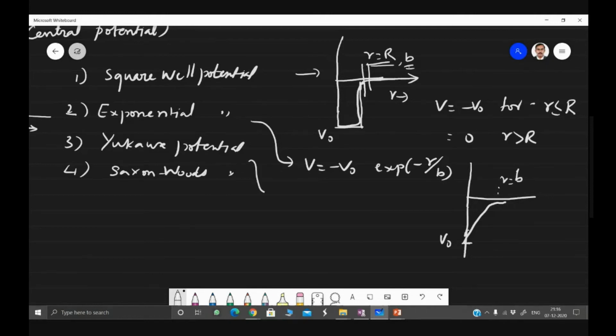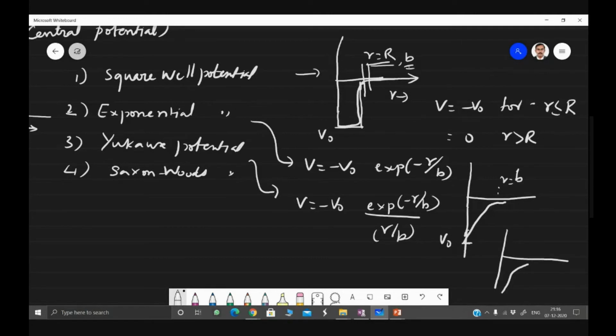And the Yukawa type potential has this form, V is equal to minus V naught exponential of minus r by b divided by r by b. So this is another form. So this has a similar structure to the exponential potential, but it will be infinite and it approaches zero, something like this. Okay, so this is V and this is r.